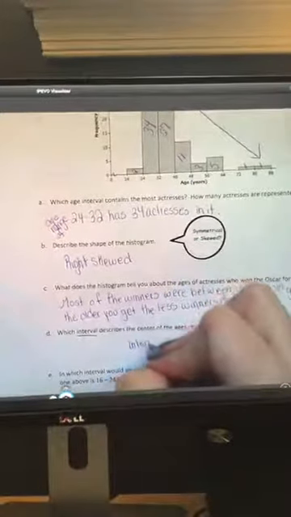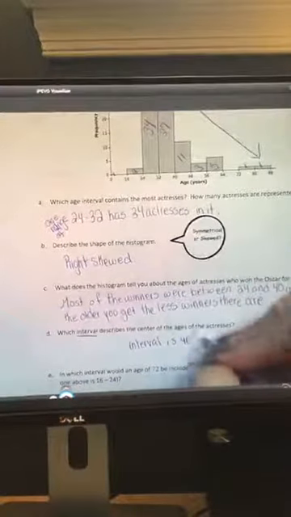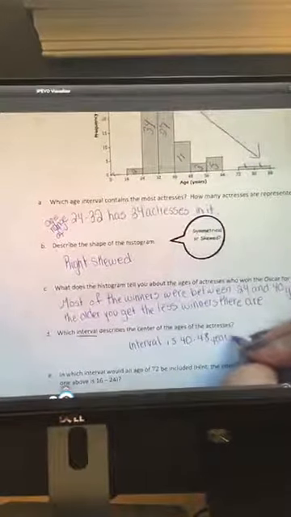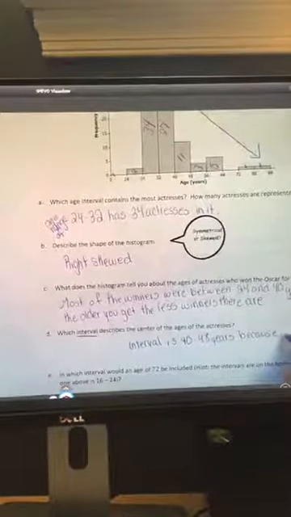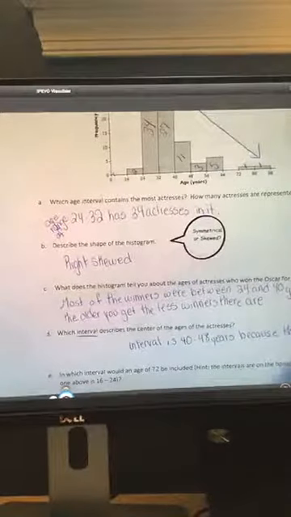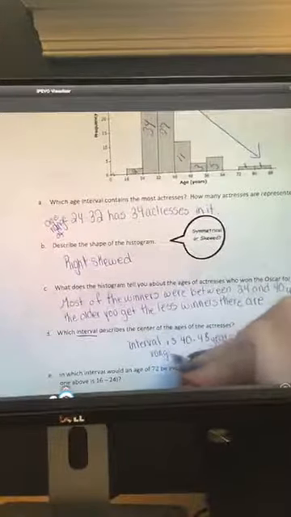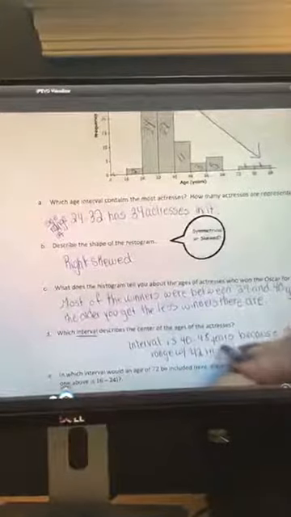So the interval is 40 to 48 years. Because that is the range with 42 in it.